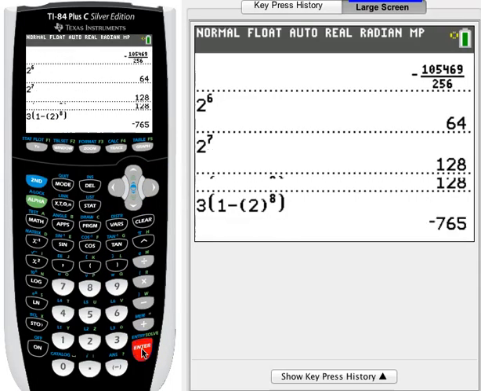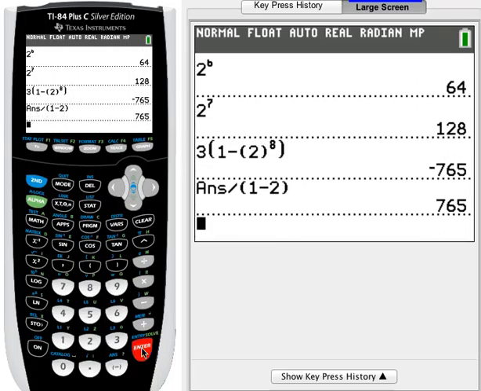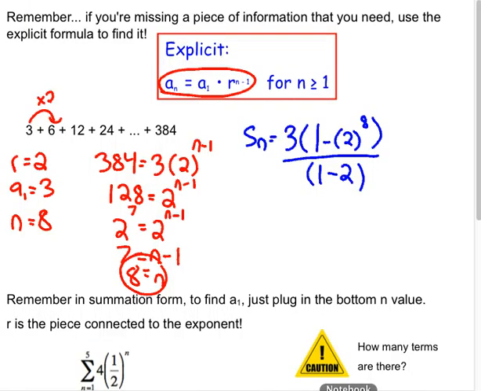Once you have the numerator typed in, hit enter, and now divide it by 1 minus the rate. And that's what gets you the positive answer of 765.